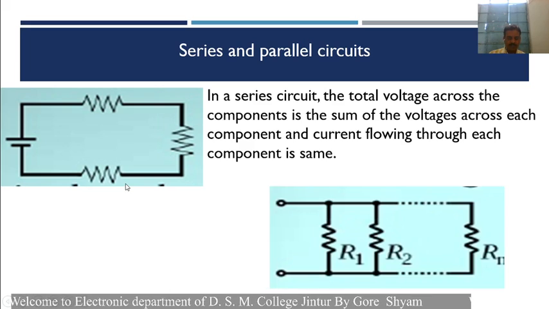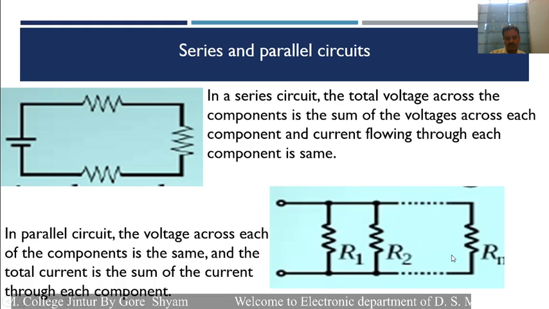Okay, and this is the parallel circuit. If you look at this circuit, the components are connected one in front of the other, and such a circuit is known as the parallel circuit.